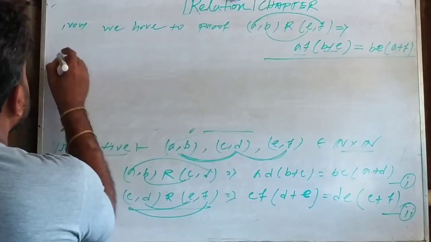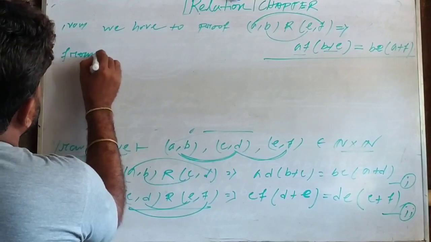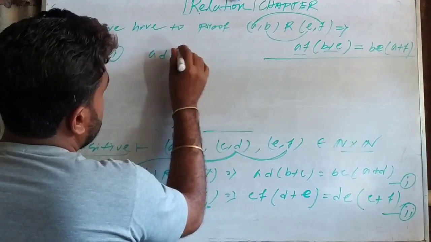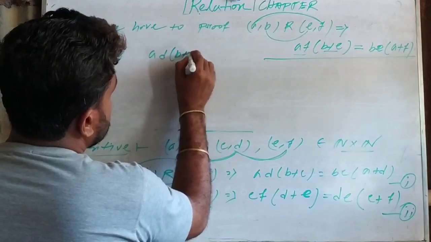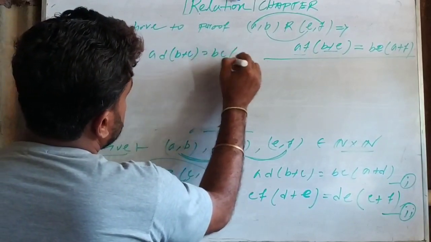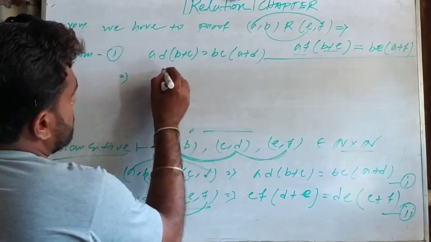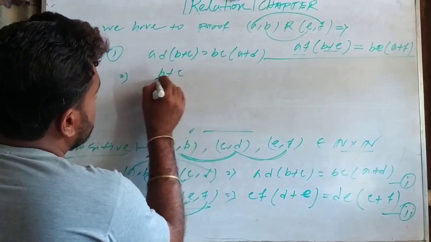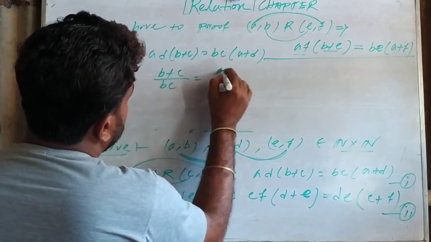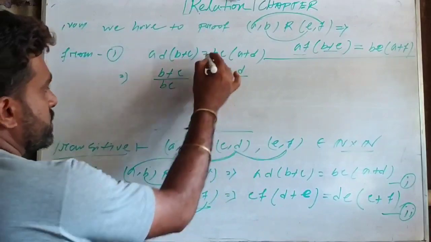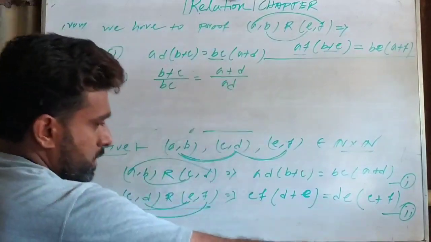Just see. From 1, AD into B plus C equals to BC into A plus D. Now just can I write, ऐसे हम लोग लिख सकते हैं, देखो तो, just diagonally we have interchanged BC and AD.